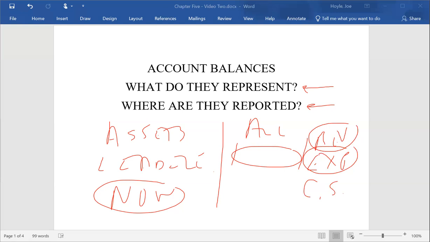Now, you could do it for every 3 months or some other time period, but for simplicity's sake, we'll do it for the past year. A few other accounts, such as capital stock, is talking about the past since the company first began. So capital stock says how much increase in net assets occurred in this company since it first began.